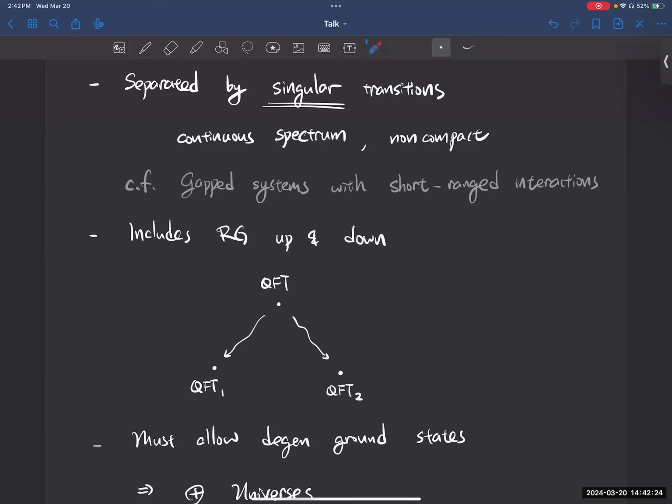What I mean by RG flow up and down is just, if you have two QFTs, 1 and 2, and as long as there is some compact, non-singular UV QFT that can flow to both, while preserving whatever you want to preserve, like supersymmetry or some other symmetry, then the loose terminology is that QFT1 and QFT2 are related by RG flows. So first up to the UV QFT and then down to the other QFT.